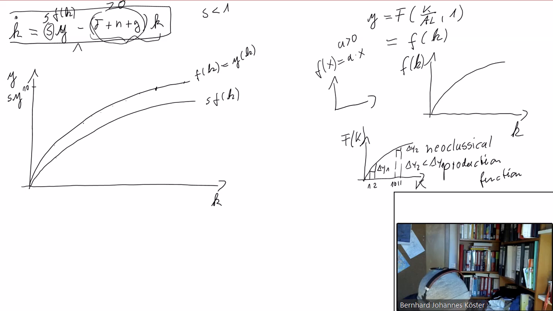What kind of function is this then? f of x equals 3 times x. What kind of function is this?